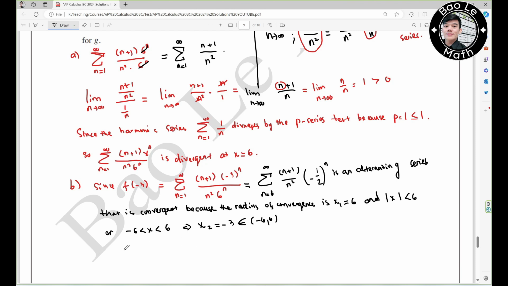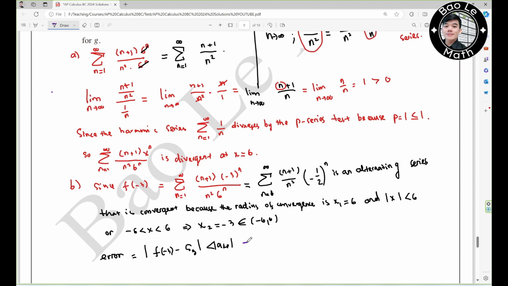So now we have the error bound. It's going to be absolute value of f of negative 3 subtract s3 less than the fourth term, which is, you substitute 4 into this sequence right here.